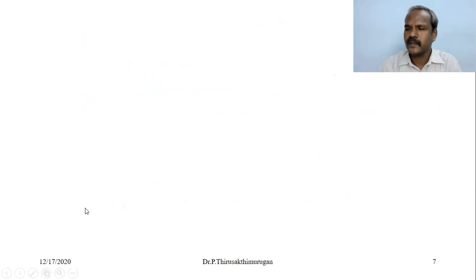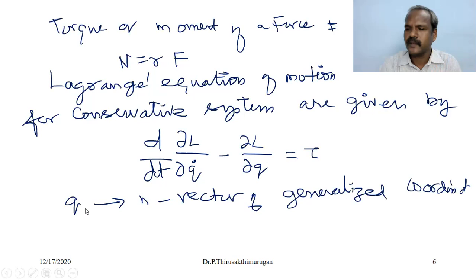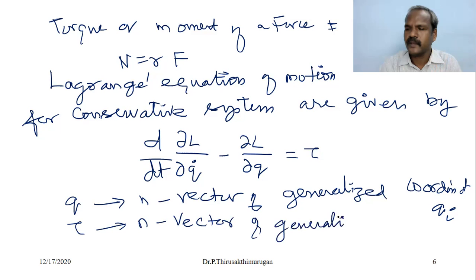So the generalized coordinate is Q i, Q is the n vector of generalized coordinates Q i, and tau is the n vector of generalized forces tau i.